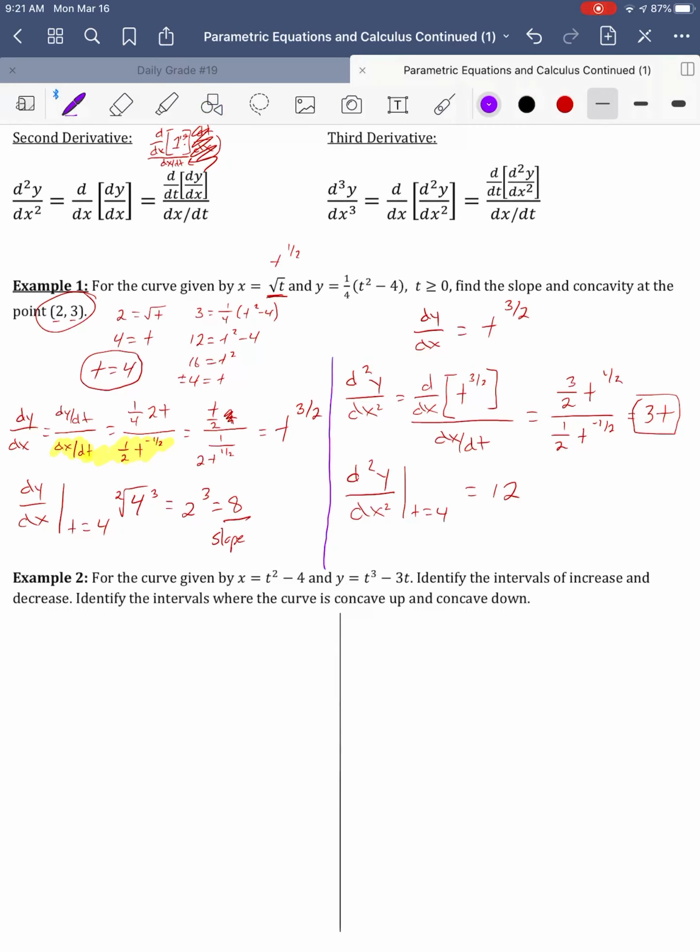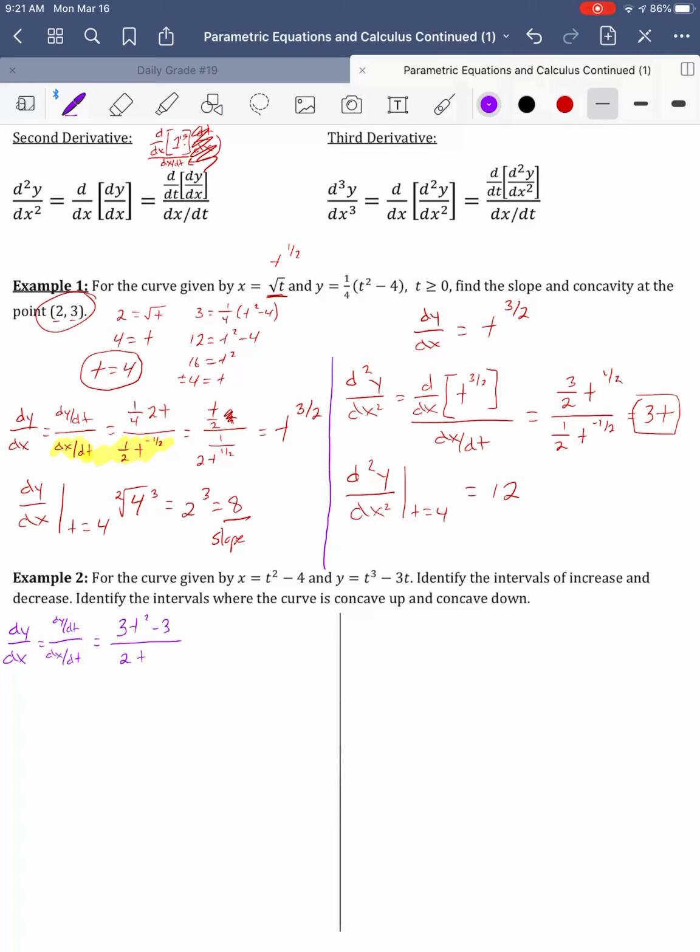So I need dy/dx, so dy/dt, write it every time, over dx/dt. So dy/dt is 3t squared minus 3. dx/dt is 2t.